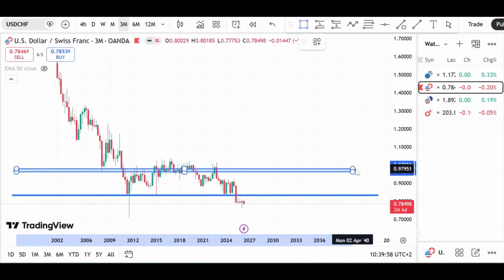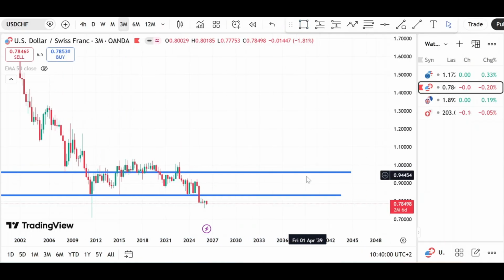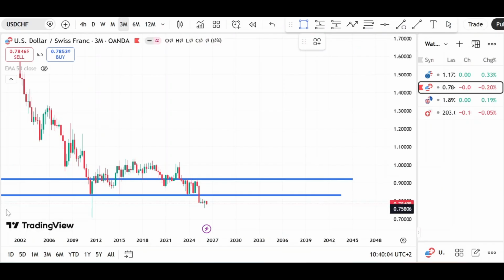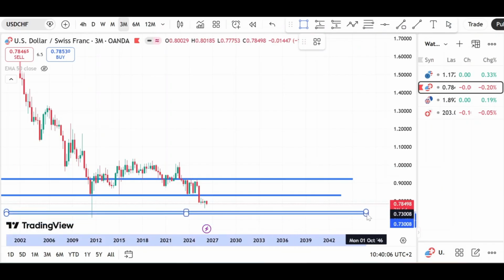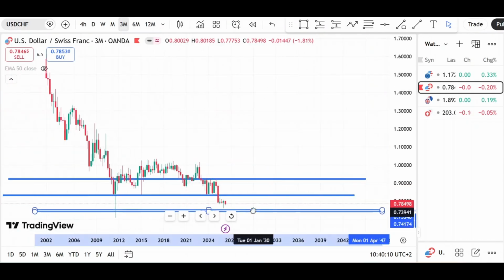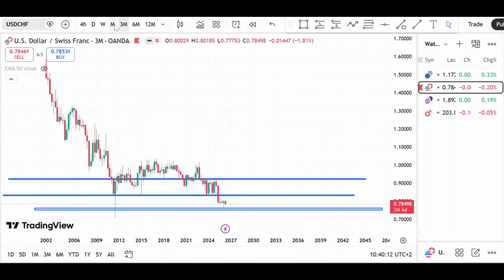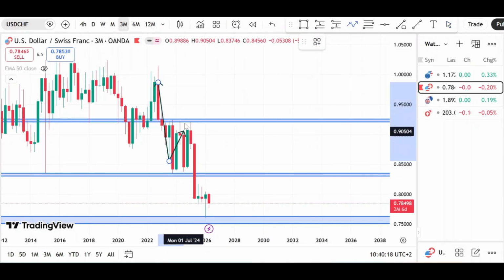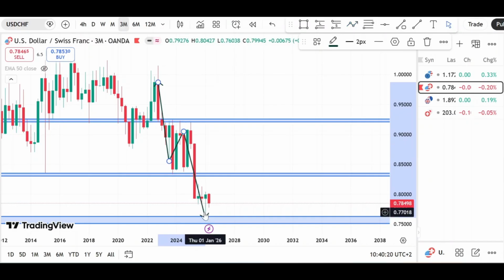This is a 3-month zone here. Look, this is also another 3-month lower zone. As you can see, we are in a downtrend. Break of structure, lower low, lower high, break of structure again.